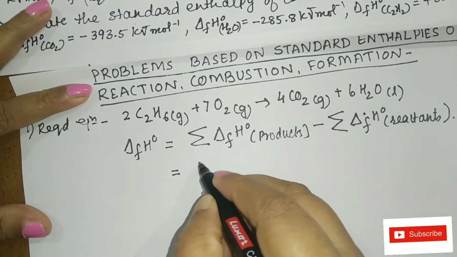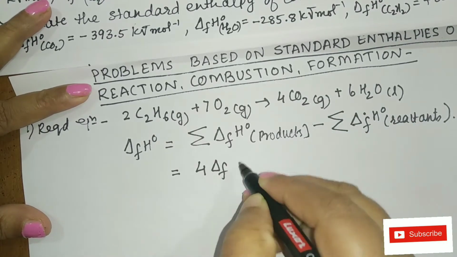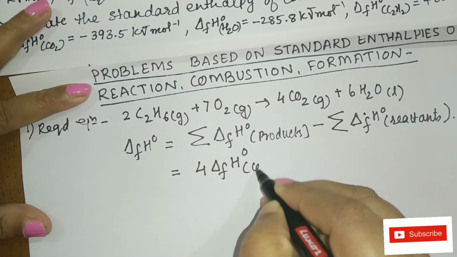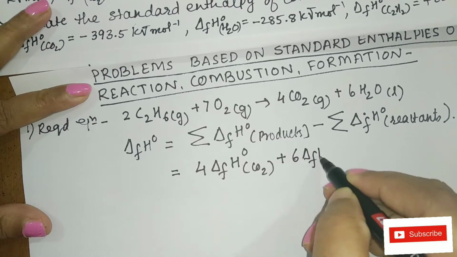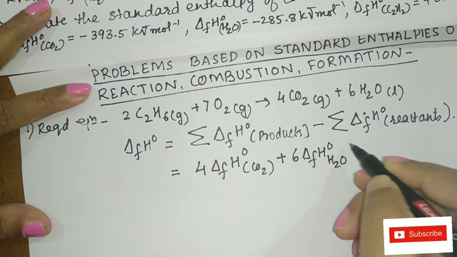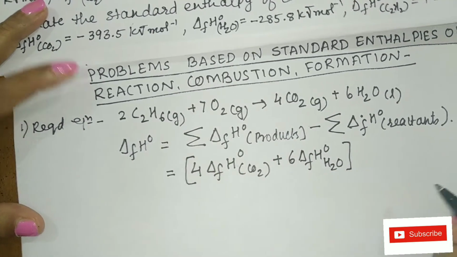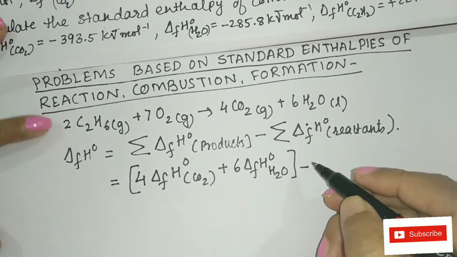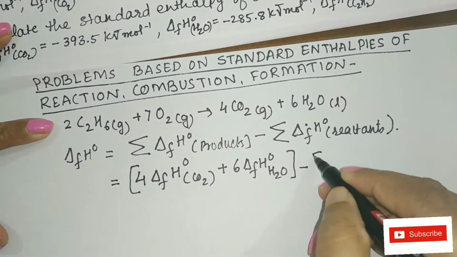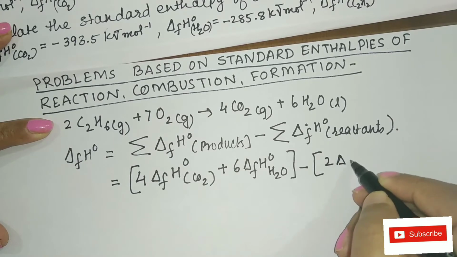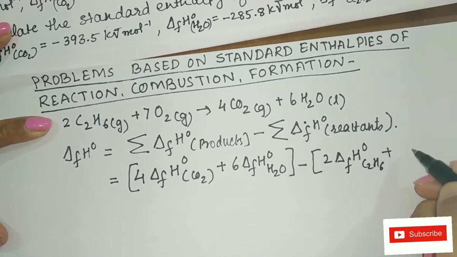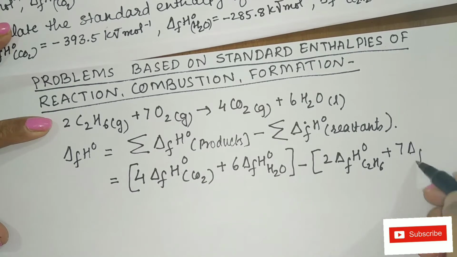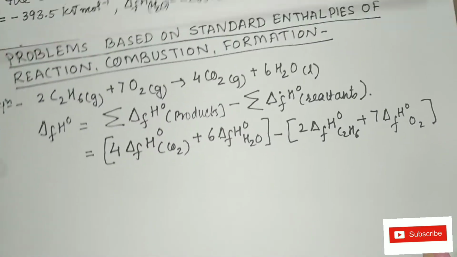So let us write 4 times the standard enthalpy of formation of carbon dioxide plus 6 times the standard enthalpy of formation of water. Now this is the product side. Minus, let us come to the reactant side now. It will be 2 times the standard enthalpy of formation of C2H6 plus 7 times the standard enthalpy of oxygen gas. The reactant side is also written.